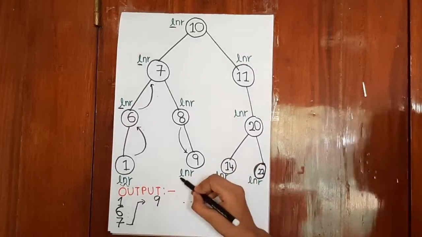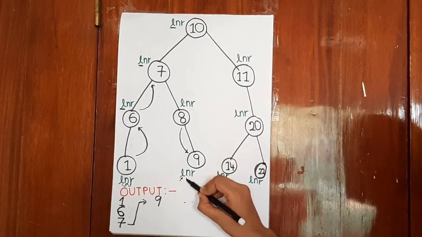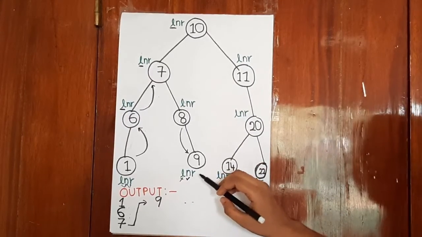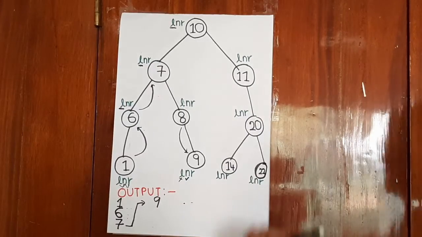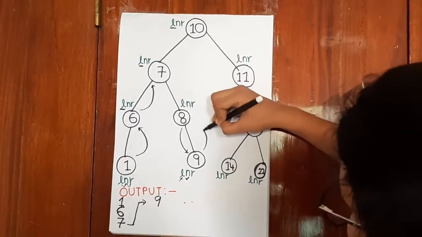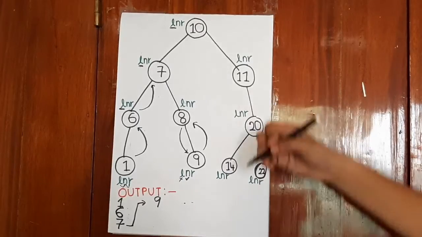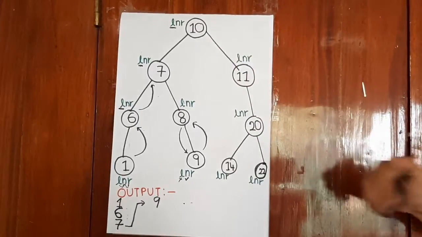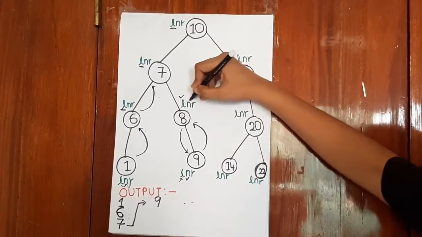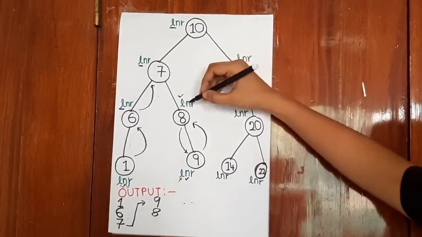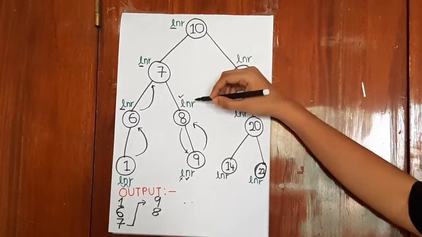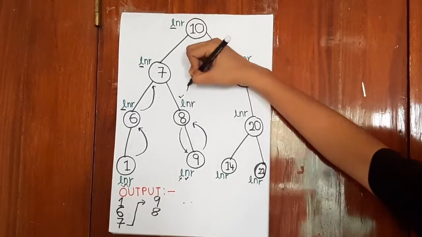The right part is null, as there are no children here, so it moves back, and first this part is executed, so now 8 is printing and it looks for the right side. There's no right side, so it moves back.